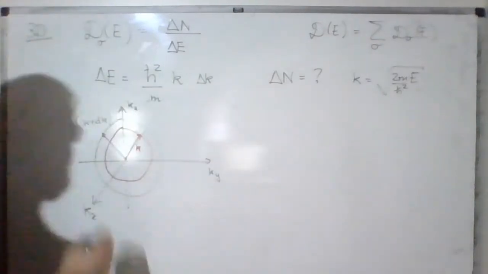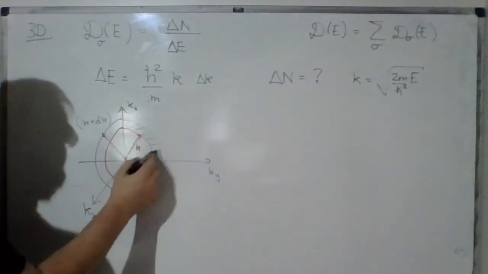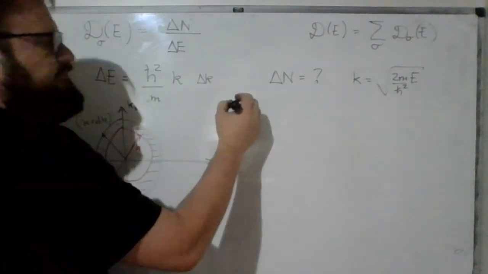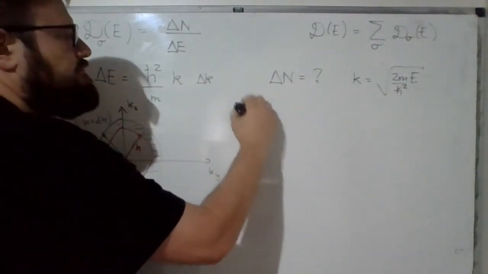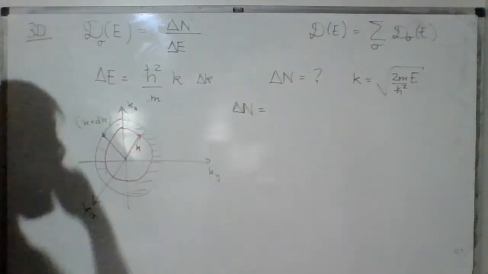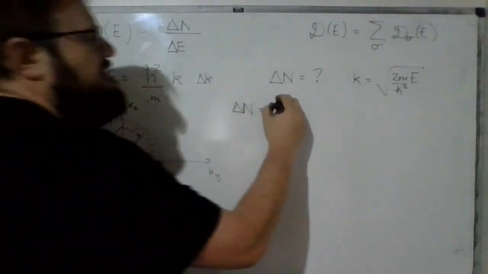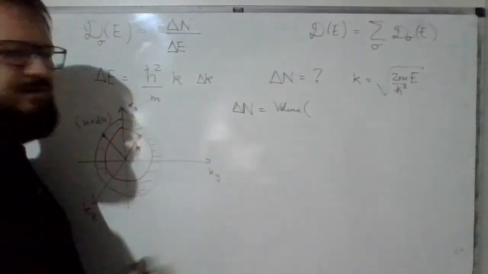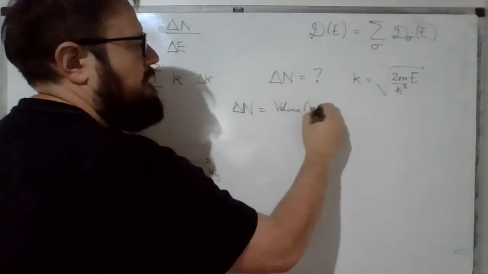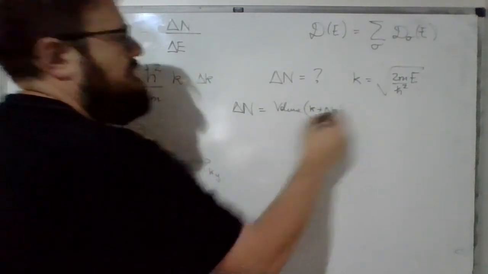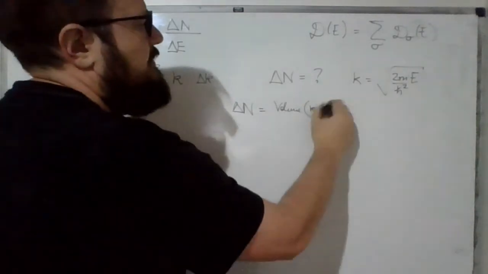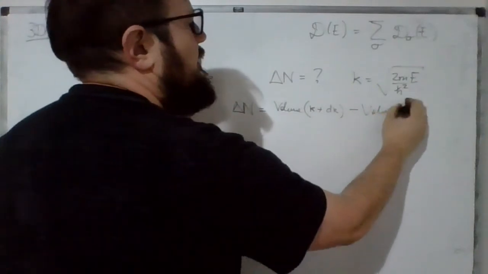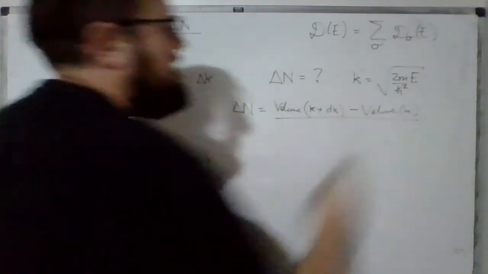So in a given interval between k and k plus delta k, we have a total number of allowed energies that corresponds to the volume of the sphere in the k space given by k plus dk, or delta k, minus the volume of the sphere k, right?